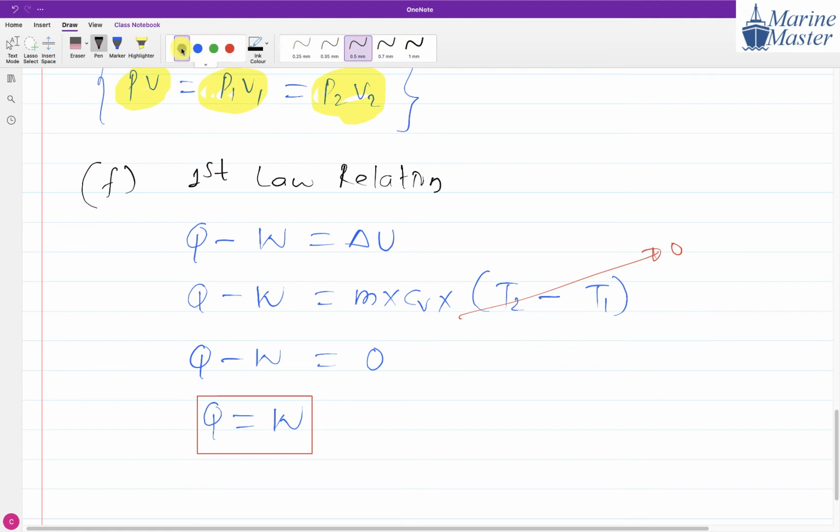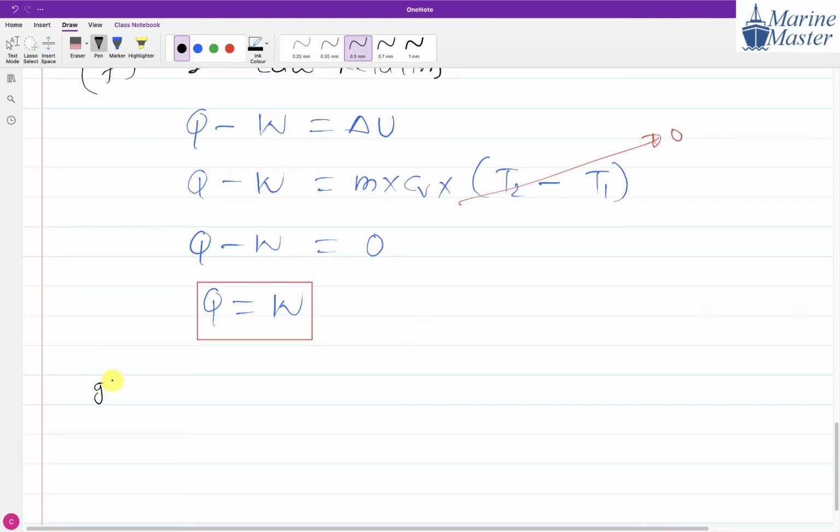Now our G point will be the change in entropy relation. Try to see the scenario here. So what is our change in entropy relation?